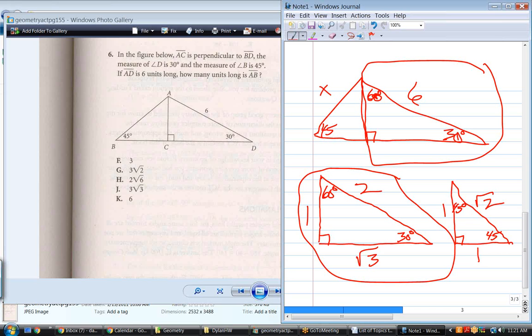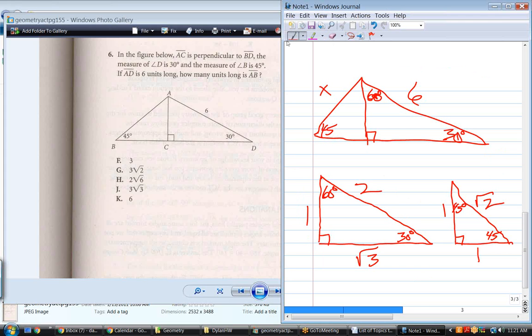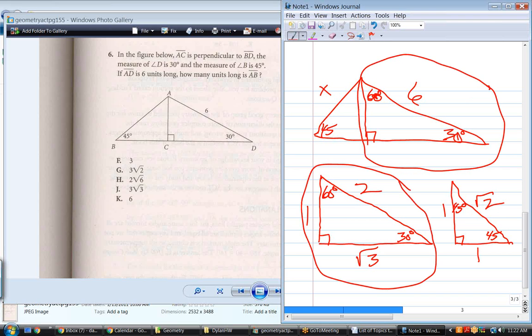So I got that, and then it'd be six, so 3 to 1. So every side on this triangle is 3 times bigger than every side on that triangle. That's what that means. When I say I have a similarity ratio of 3 to 1, that's what I'm saying.